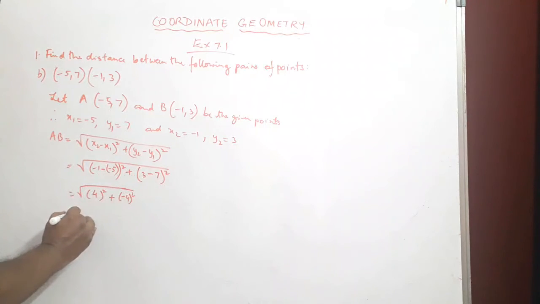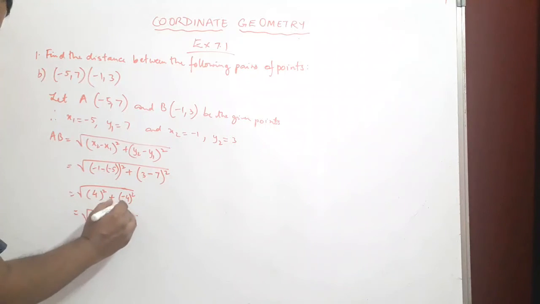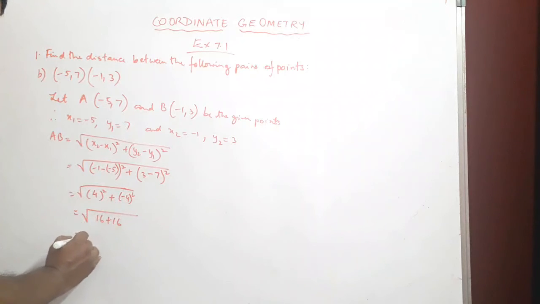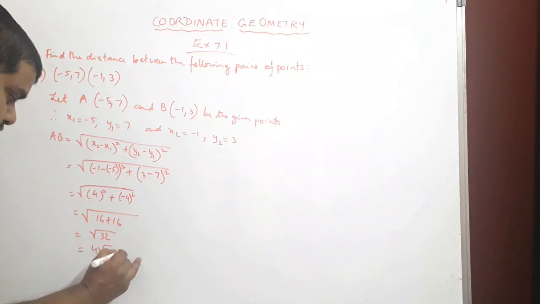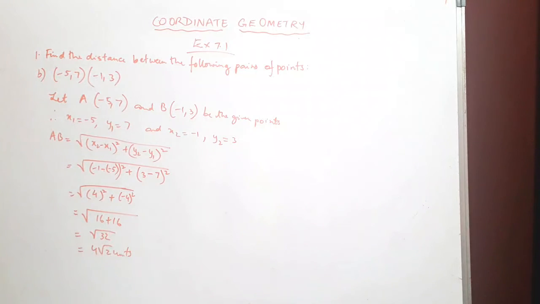Now we'll open up those brackets. 4 4s are 16, and here also minus 4 whole square gives us positive 16, which means we'll get square root of 32. Square root of 32 can be further written as 4 root 2 units, and that's how we solve this problem.